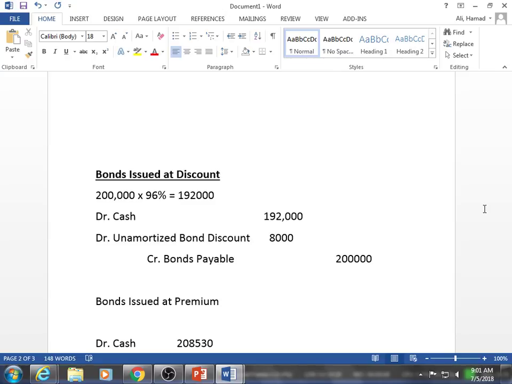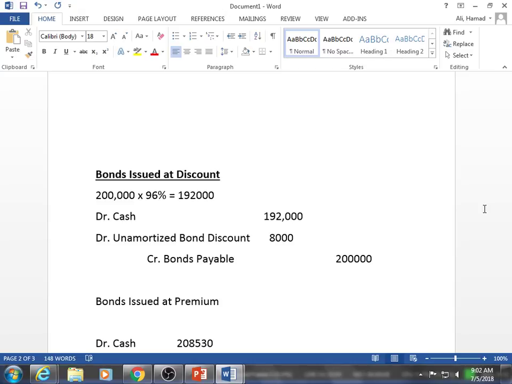When it was issued, the cash is the carrying value, or the book value, of the bond, 192,000. We're supposed to pay the whole 200,000. So the portion that we amortize is added to the book value or carrying value.